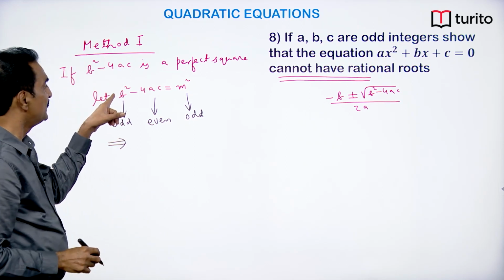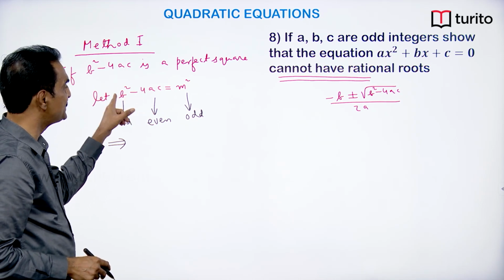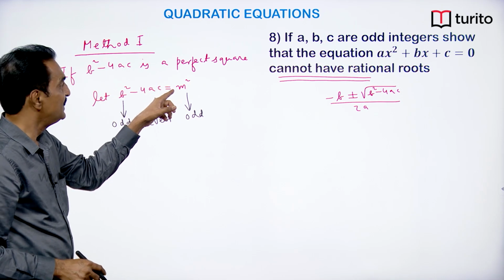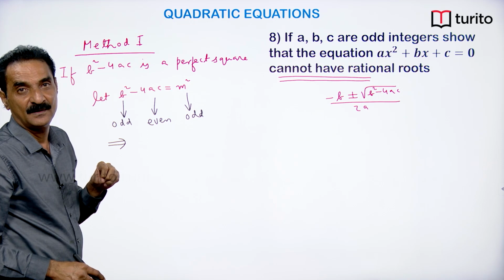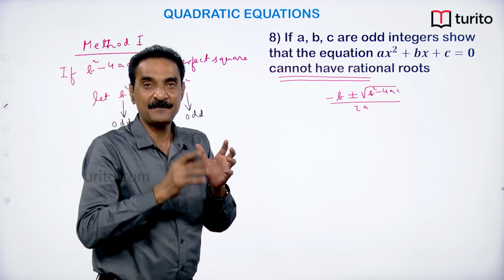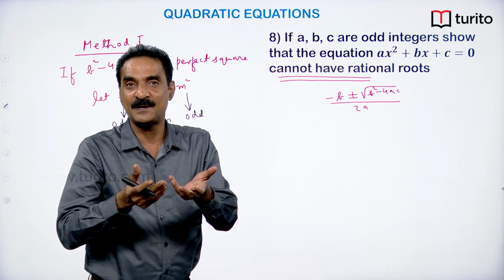Because b square and 4ac are integers, m square is an integer, and m must be an integer, because it is a perfect square. Perfect square means what? Square of a rational number.